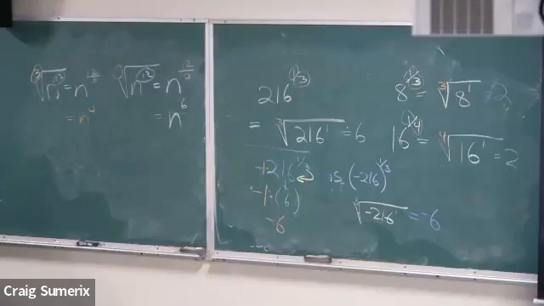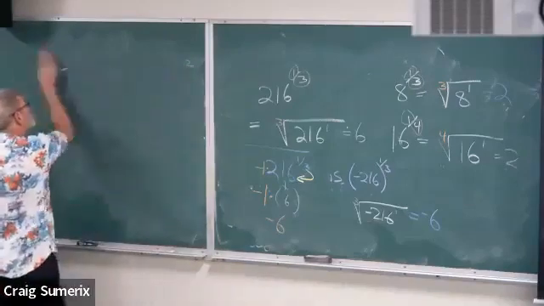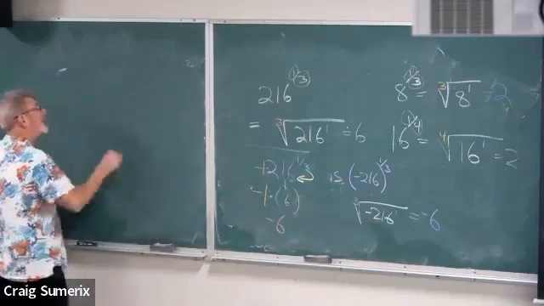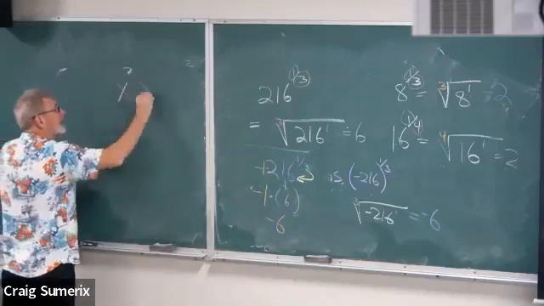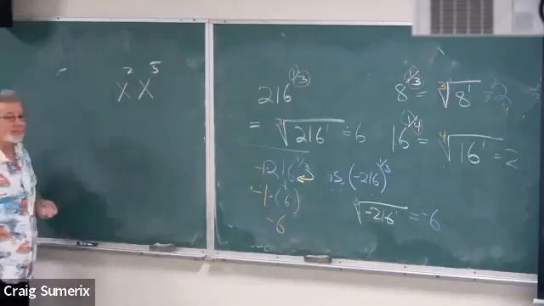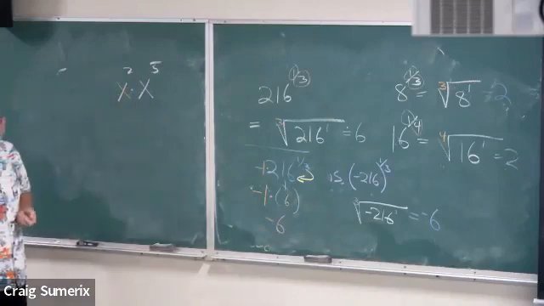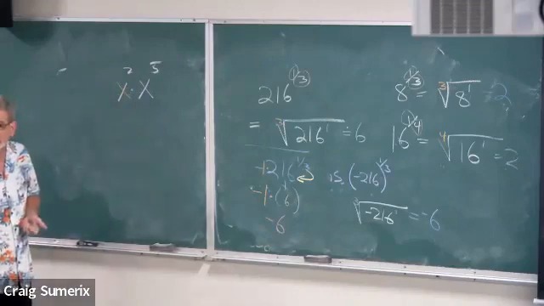And then everything else we did, what were some of the other things we did with exponents? If you add x to the second times x to the fifth, what could you do with that? Remember those? Yeah, the shortcut was to add the exponents, right?